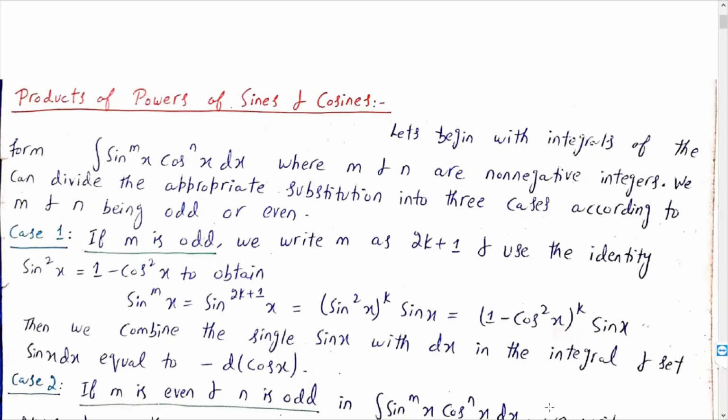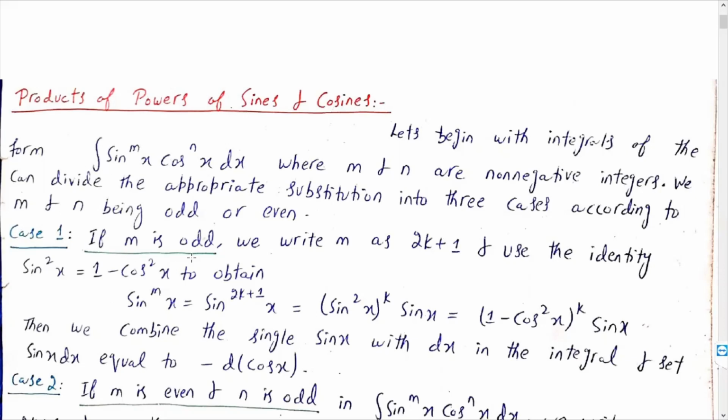For our first class of integrals, consider an integrand sine raised to the power mx into cos raised to the power nx. Solving such a problem is going to break up into several different cases depending on whether m and n are even or odd.